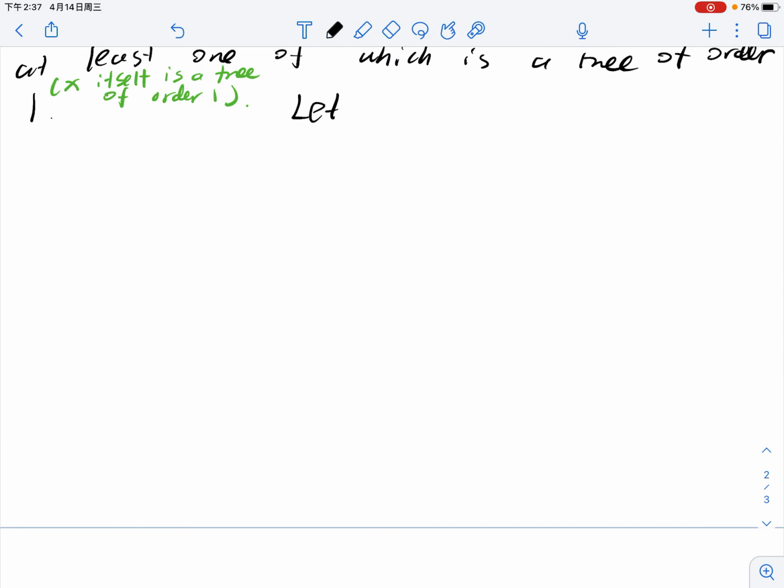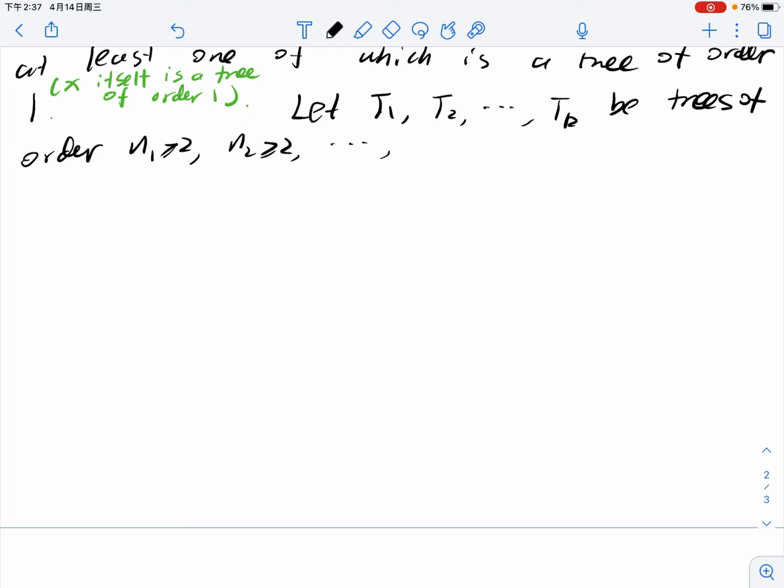Let T1, T2, ..., Tk be the other trees, of orders n1 at least 2, n2 at least 2, ..., nk at least 2. Then n1 plus n2 plus all the way to nk is less than or equal to n minus 2.